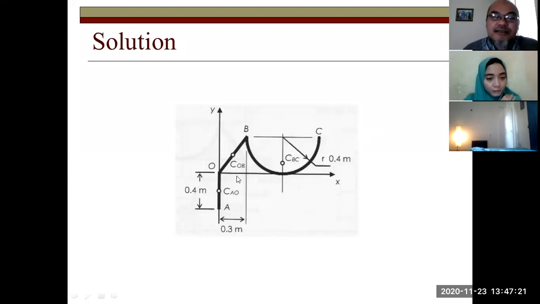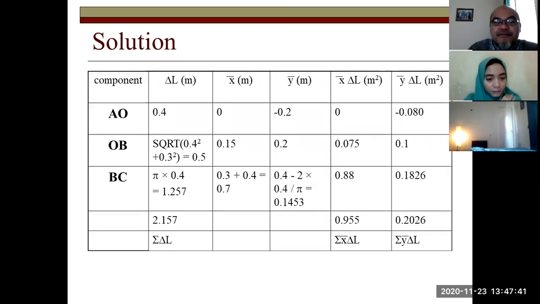So this is the case now for segment AO. The center of gravity is at the middle. Segment OB is also at the middle coordinate. While for the semicircular arc, the center of gravity is located here. We have to look at the formula here, which will be given later.